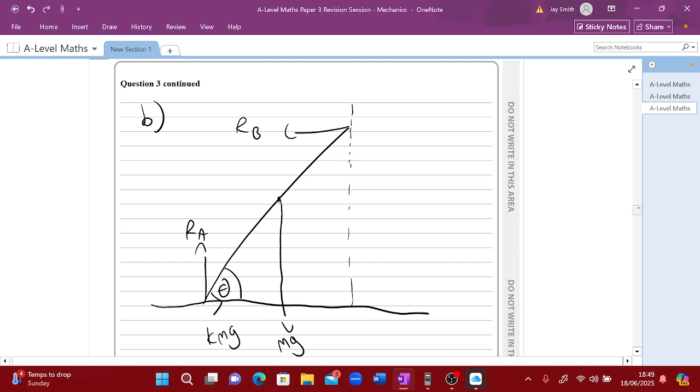So then friction, what's going to happen to friction? Now, originally, the friction was acting this direction because the reaction at B, hang on a second.